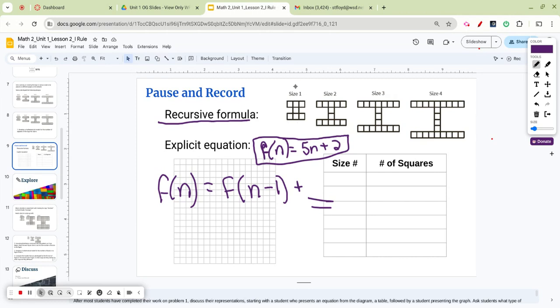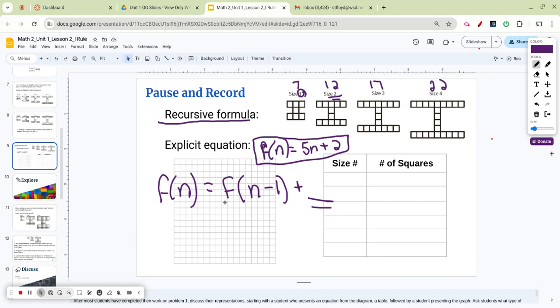This block right here, what did we have, 7 and 12. This was 17 and 22. If you're trying to use f of n minus 1, let's say we're looking for f of 2.